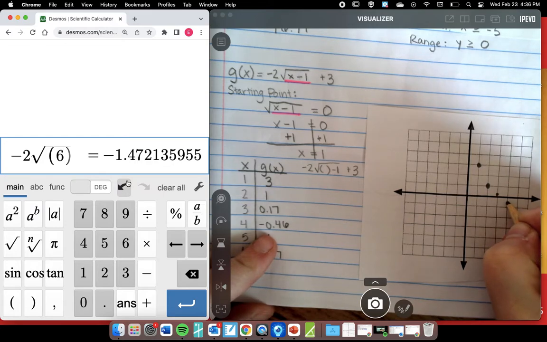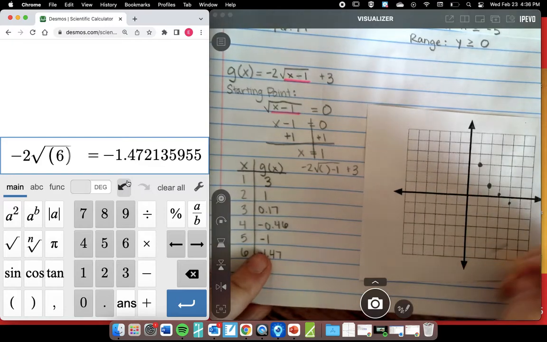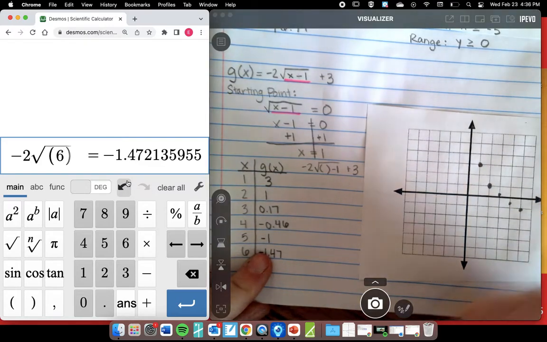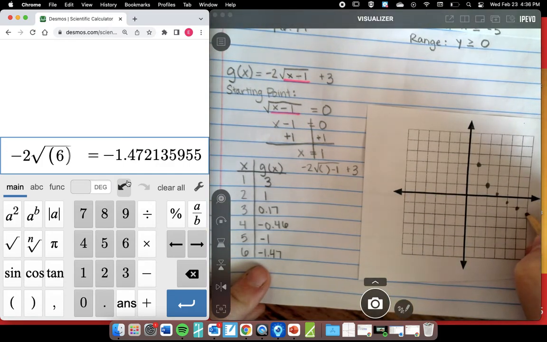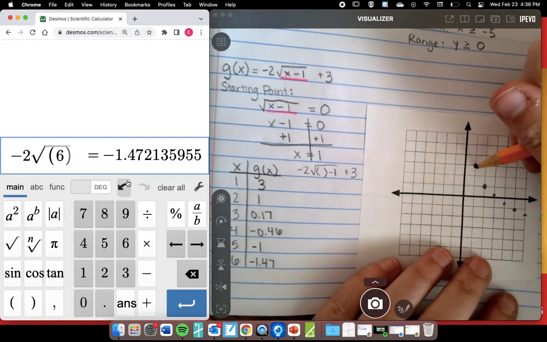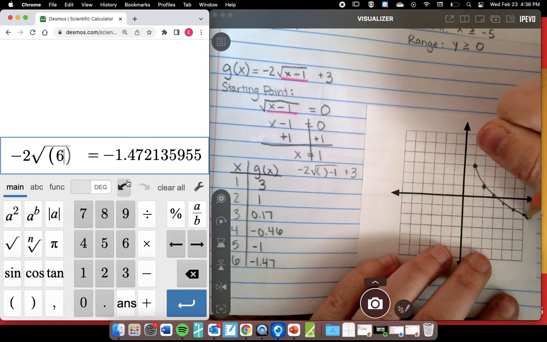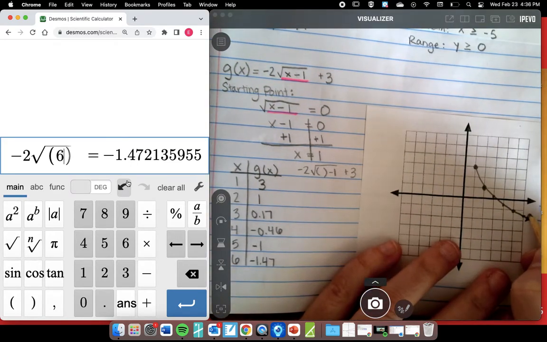That's almost halfway. 5 is at negative 1. And 6 is at negative 1.47, so about halfway. And that's my starting point, so I'm not going to go past that. That's where I start, and then I draw my curve from there. That was an arrow. Real bad arrow.